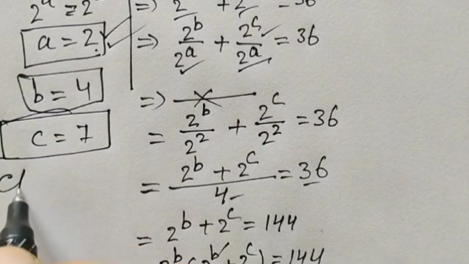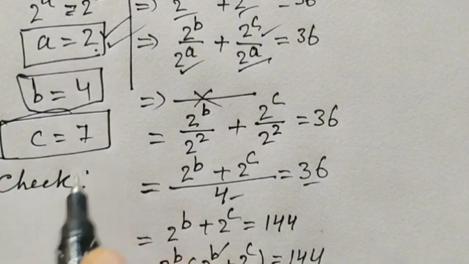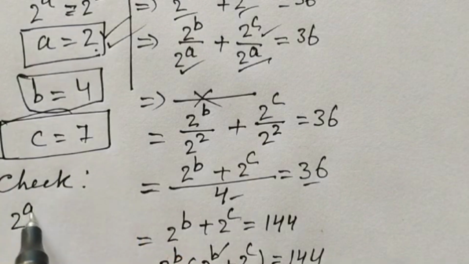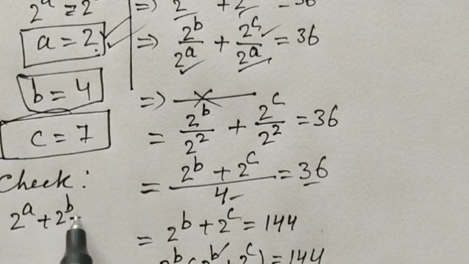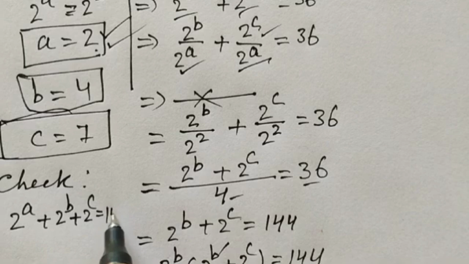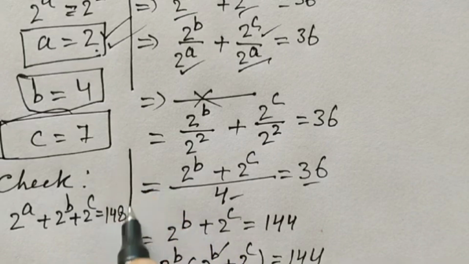If we check, 2^a + 2^b + 2^c should be equal to 148.